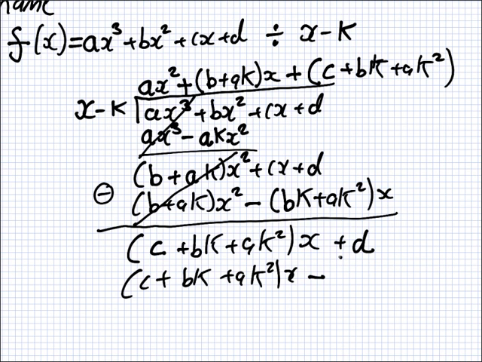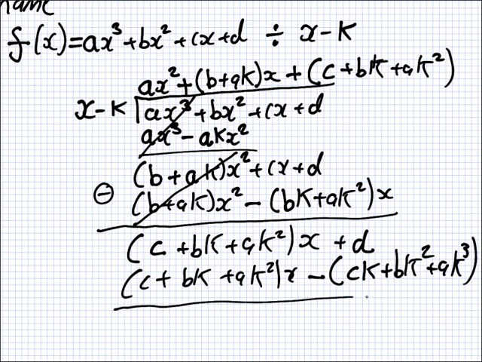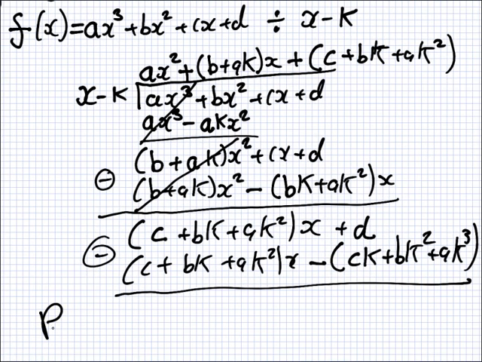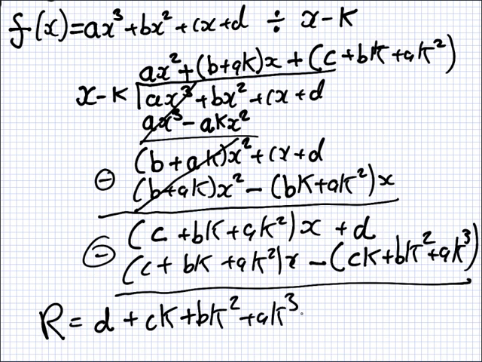So that'll be minus bracket ck plus bk squared plus ak cubed. Now don't worry, we're finished now, because what is this subtraction going to give us at the bottom? It's going to give us the remainder, which will be d plus ck plus bk squared plus ak cubed.